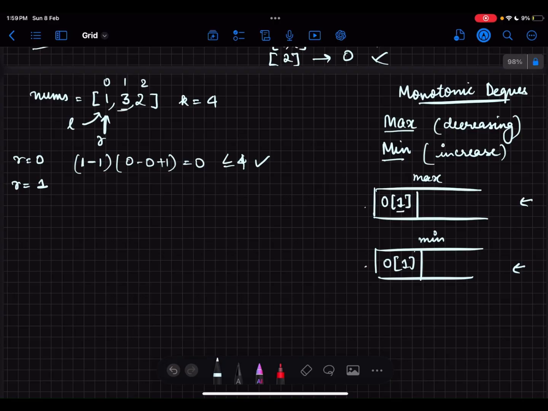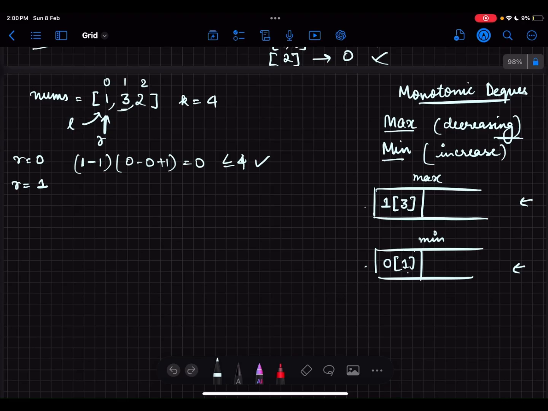Since 1 is less than 3, we pop it. Now since we have nothing else to pop and our deque is empty, we add the current index 1. This ensures that our max deque is decreasing. For the min deque, we do the opposite. We pop from the back until the elements are greater than the new value.